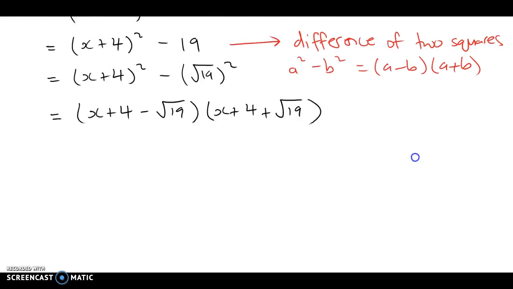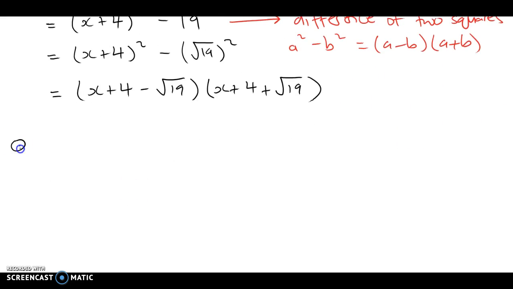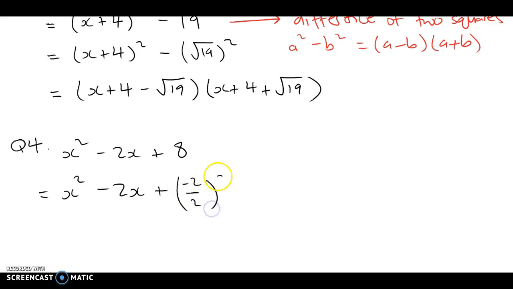Let's have a look at one more. So same process, we'll factorize by completing the square. x squared minus 2x plus 8. So we'll get x squared minus 2x plus minus b on 2, so that'll be minus 2 on 2 all squared.